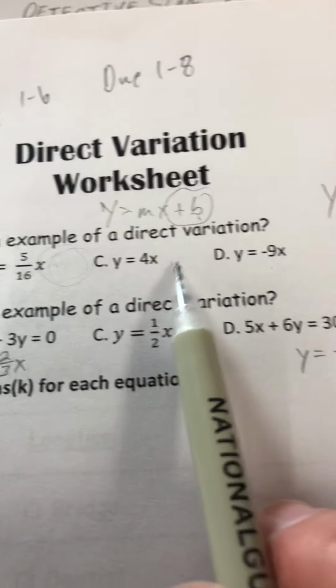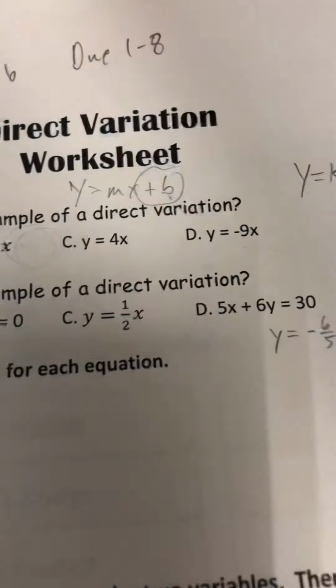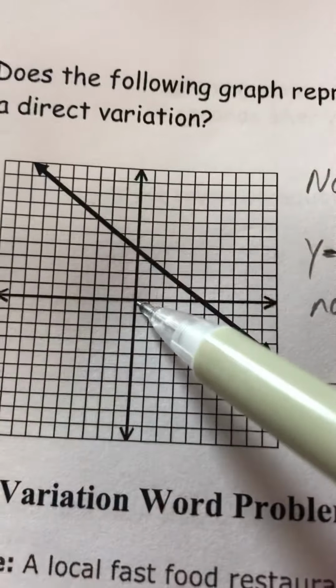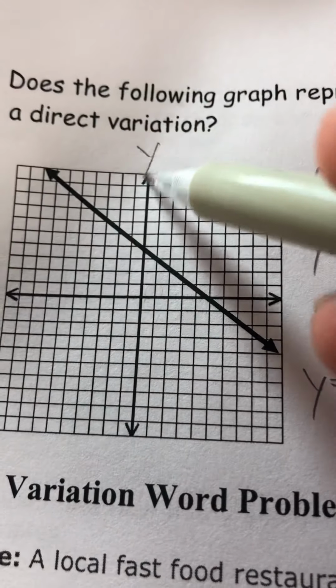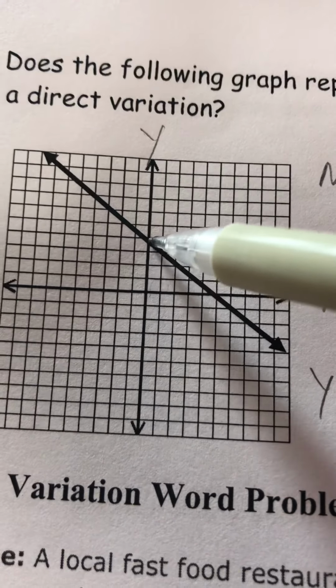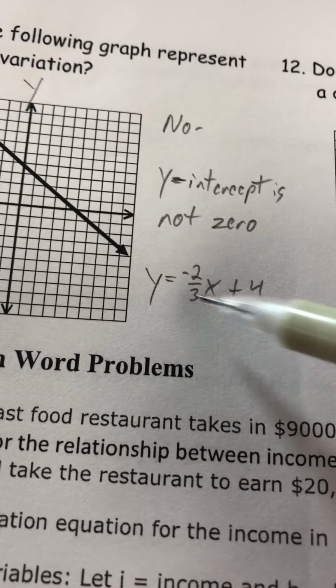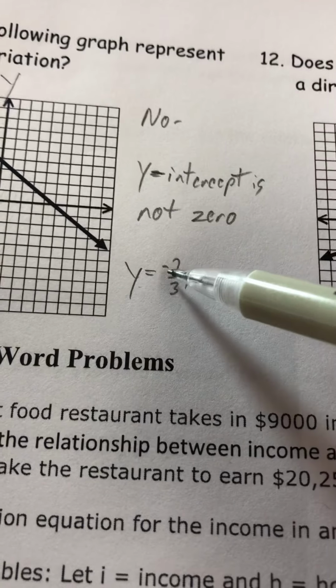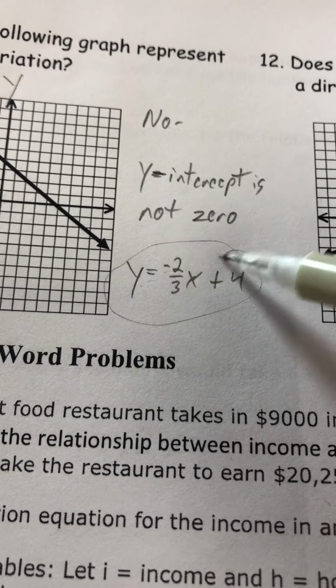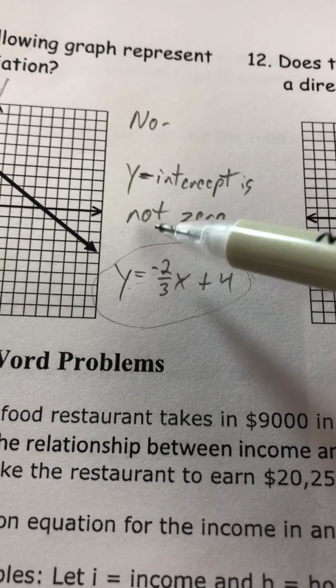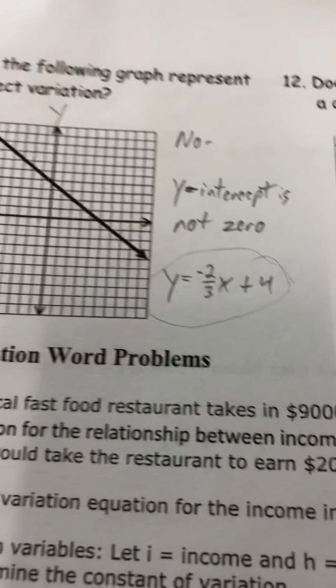So there's nothing back there, in other words. It hits the y-axis way up here, 1, 2, 3, almost 4. It's about 4, so I kind of wrote what the equation would be. So no, it is not, because it's not 0.